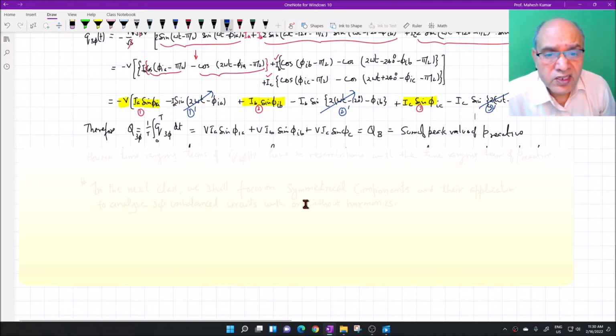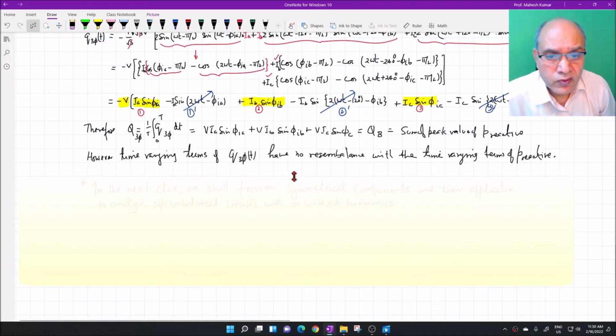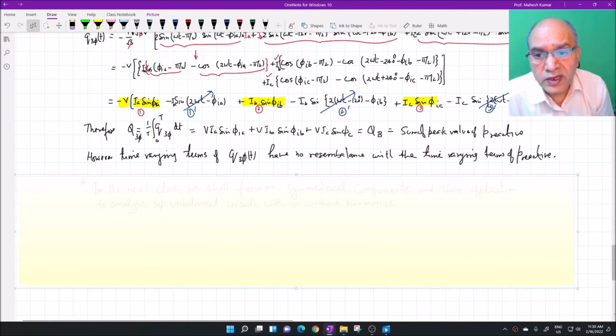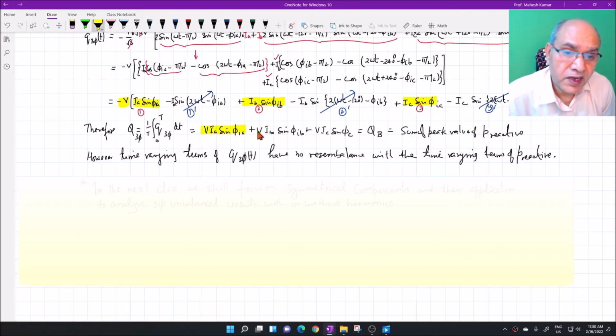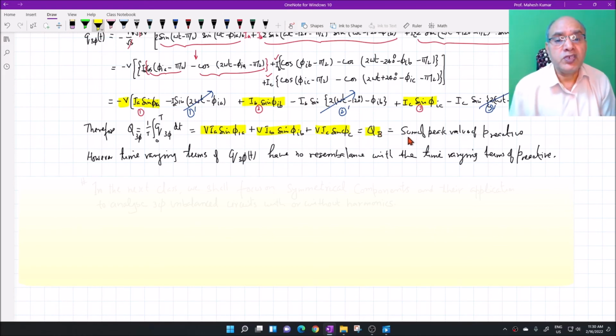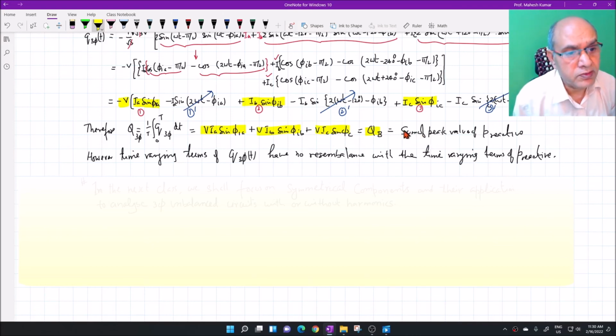Therefore, we can say that the average value of reactive power will be 1 by T integral 0 to T of Q3 phase dt, the integration of Q3 phase. That term will be B IA sin phi A plus B IB sin phi B plus B IC sin phi C. That is nothing but QB, or Budeanu's reactive power, which is also the sum of the peak of the P reactive components.